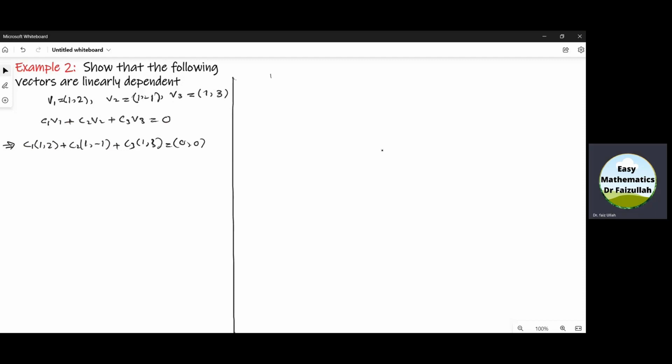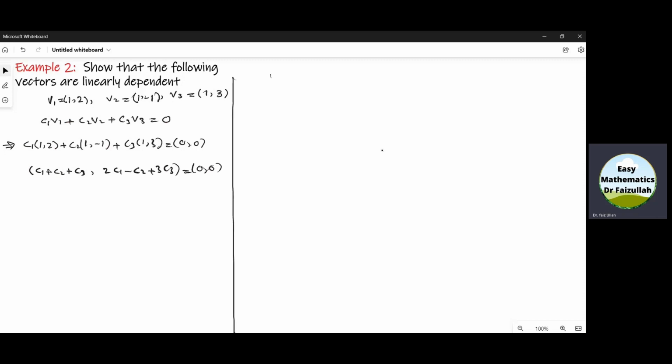From this we get C1 plus C2 plus C3, comma, 2C1 minus C2 plus 3C3, equal to 0, 0.